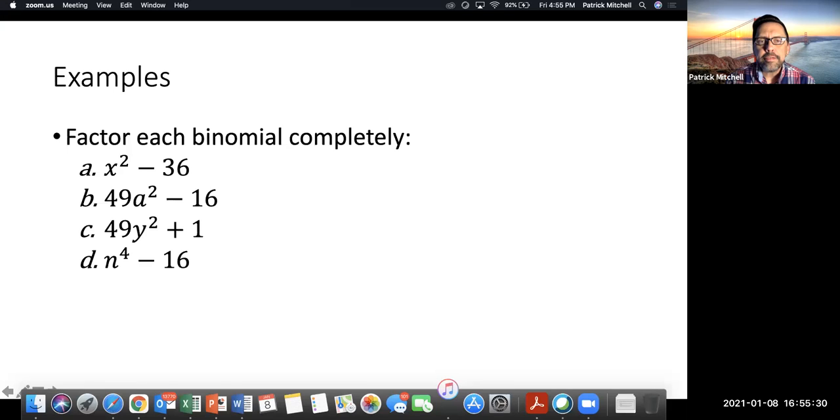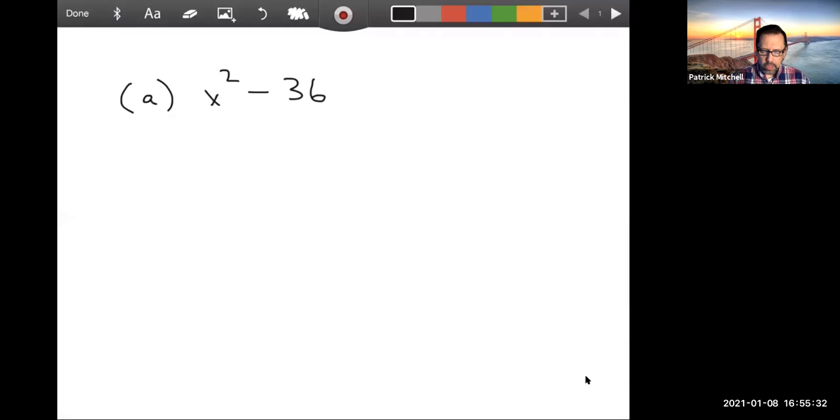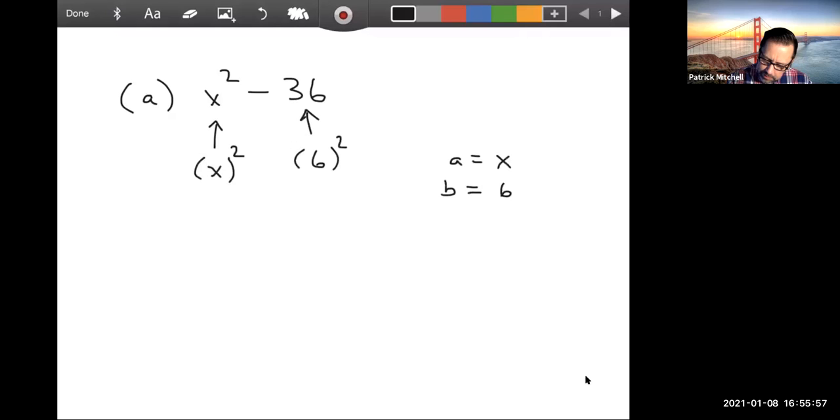All right, so first up, we have x squared minus 36. So this is about as easy as they get for a difference of two squares. So of course, what's being squared here is x, and what's being squared here is 6. All right, so playing the role of a is x, playing the role of b is 6.